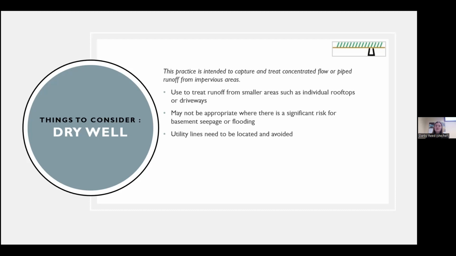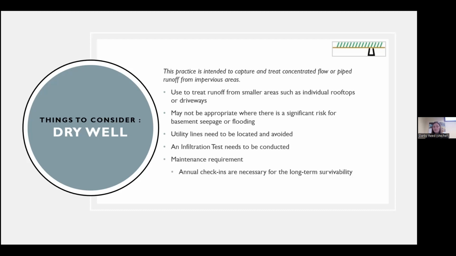Utility lines will need to be located and avoided again. An infiltration test will need to be conducted. The maintenance is different though. For a dry well, annual check-ins are necessary for long-term survivability to make sure that the structure is functioning as it was designed.